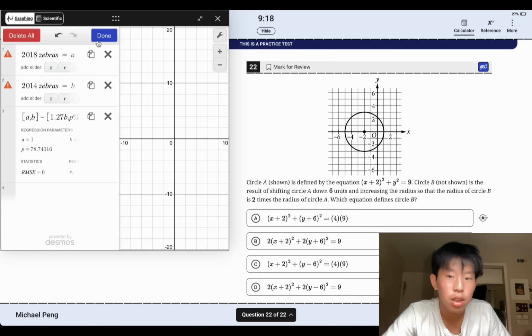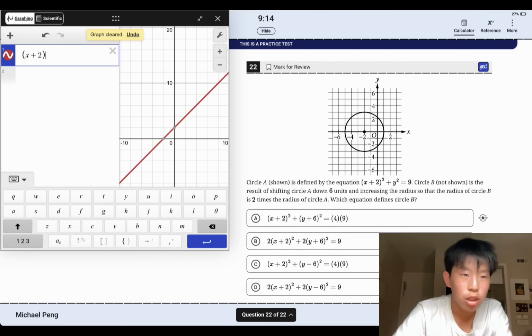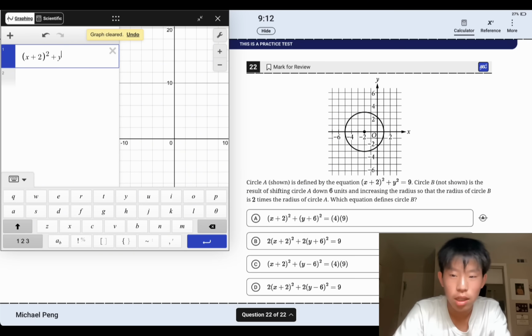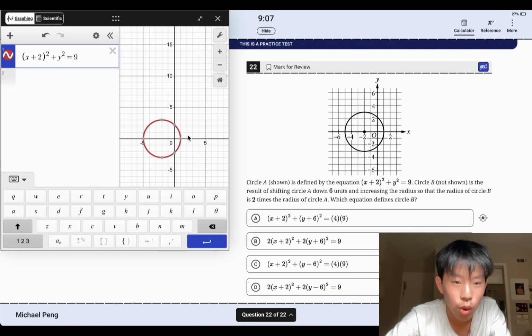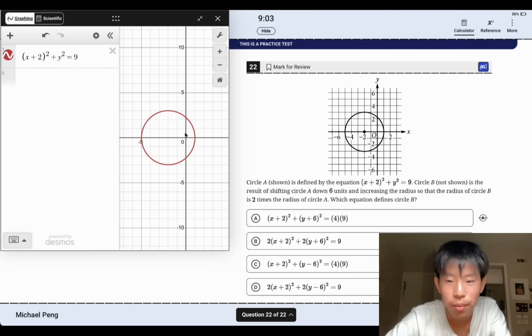Last question. This one's low-key the most annoying one, because we have to check which one translates it down 6 units. So this is our nice little boy right here. What's the midpoint? I don't know. Okay, don't need to worry about that. So which one translates it down 6 units?